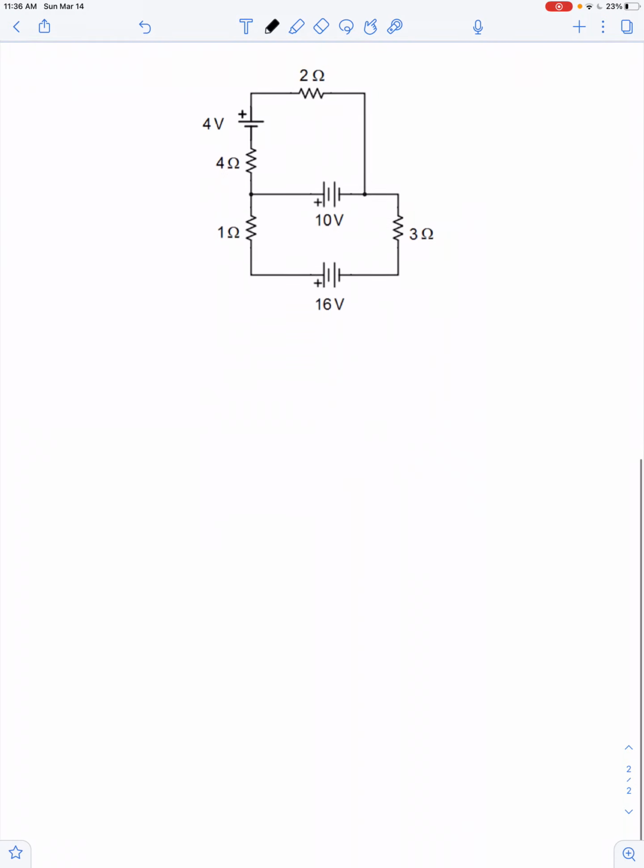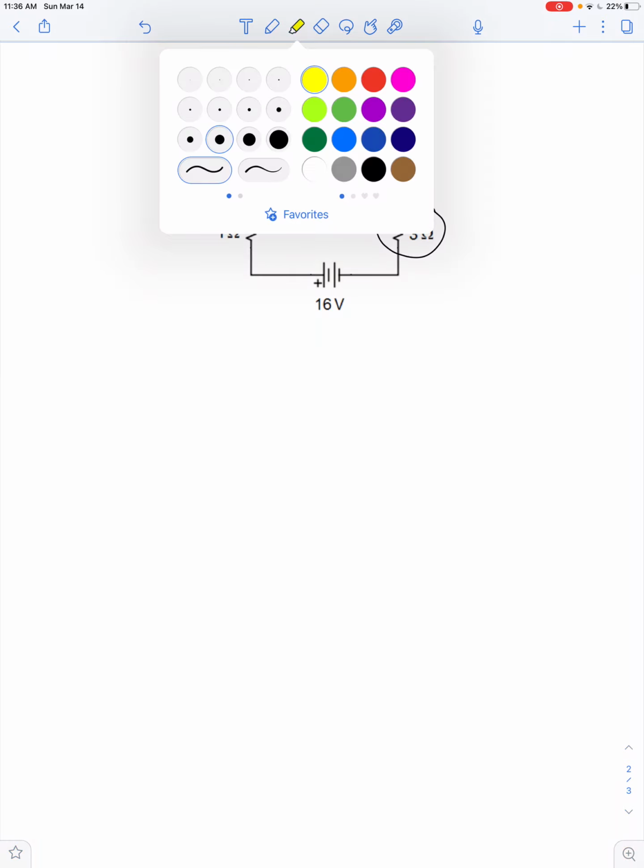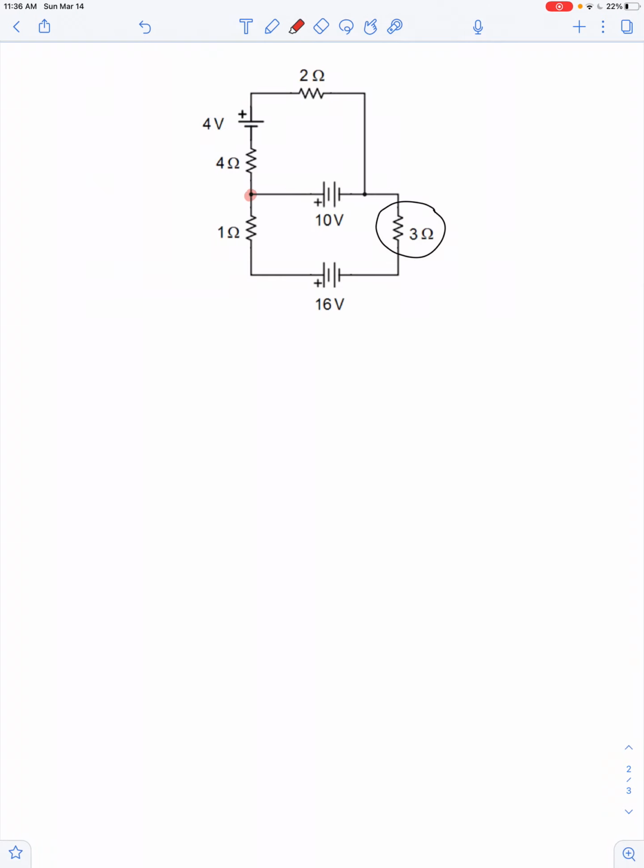So here's the problem. We've got to figure out how much energy in 20 minutes for this circled resistor. Let's start by identifying the junctions. Clearly, there are only 2 junctions in this circuit. We'll label them as A and B. And now we're going to guess the currents.